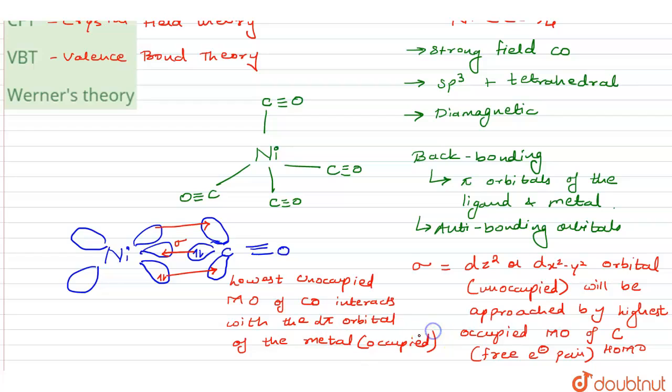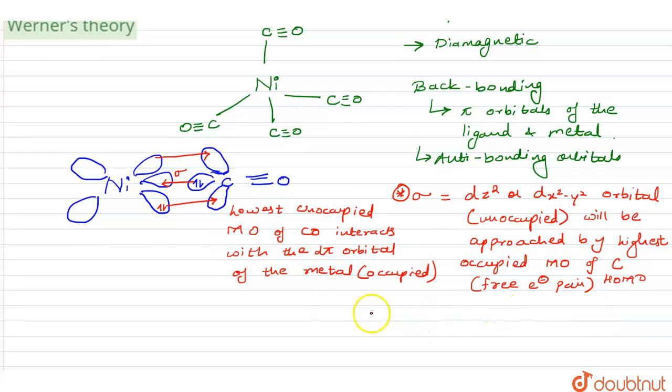Are you getting my point? The first case was wherein it was an unoccupied orbital of the metal and an occupied orbital of the ligand. Whereas in this case, we have the lowest unoccupied molecular orbital of CO.